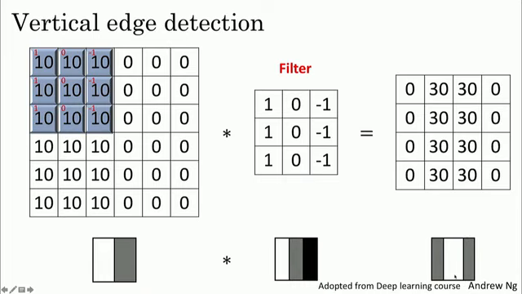The middle part is bright, and the left and right sides are black. Remember, this is vertical edge detection. The goal is finding the edge between the bright side and the dark side. And at the end, the middle part being bright is an indicator of a vertical edge in the middle of the image.